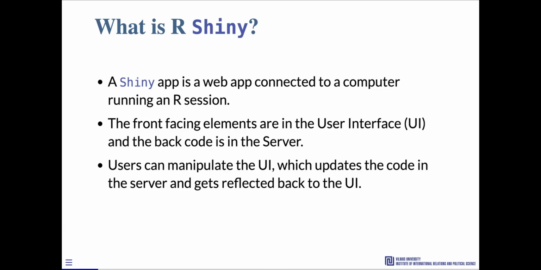The second part of a Shiny app is the server. And this is the back end, so to speak, or the part that is actually running our code. Let's say that you want to share a linear model, which is one of the examples that we're going to see, and you want to give your user the ability to choose certain parameters.